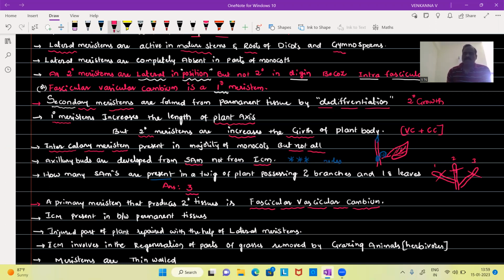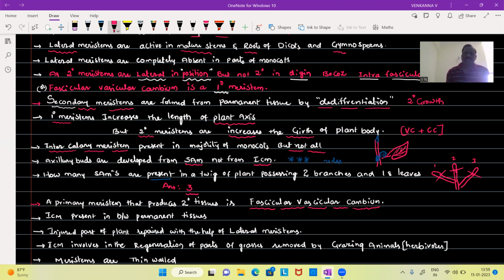It is a primary meristem according to its origin, but it is involved in the development of secondary tissues at the time of secondary growth, like secondary xylem and secondary phloem. All of those are formed from fascicular cambium. So a primary meristem that produces secondary tissues is fascicular cambium, or intrafascicular cambium.